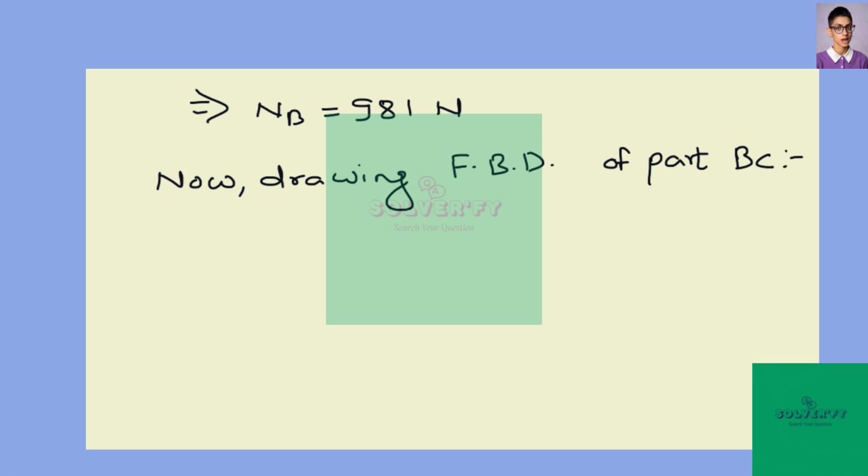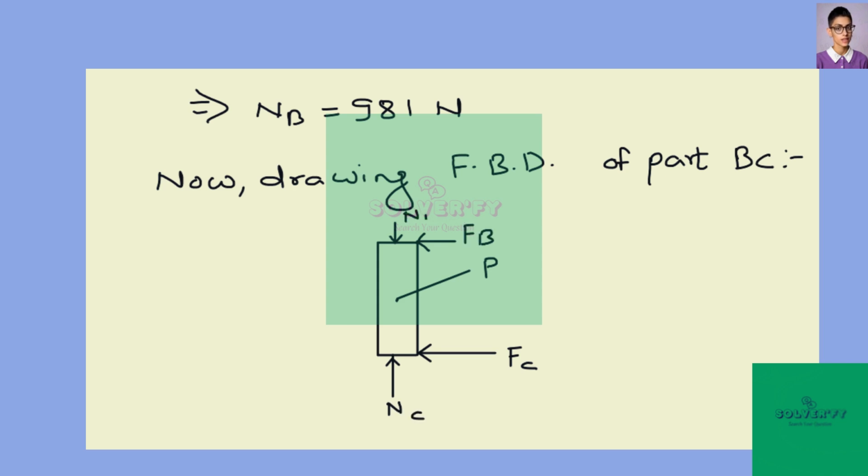Now going further, drawing the free body diagram of part BC and showing all the forces acting on this part BC. First we will write all the forces acting on it. Here this is FC and this is NC, and this is FB and this is NB.